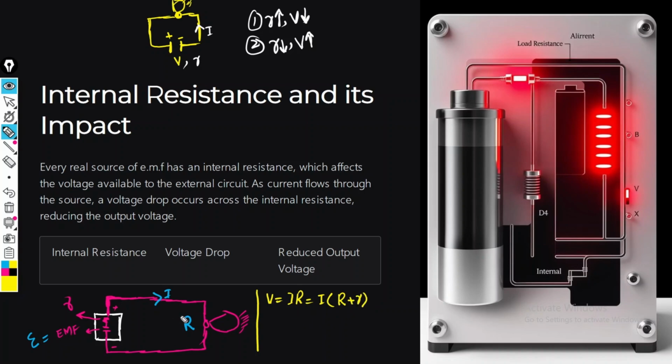Here in this circuit we now have two resistances. One is this internal resistance and the other one is this external resistance. So from here I'm going to find the current.